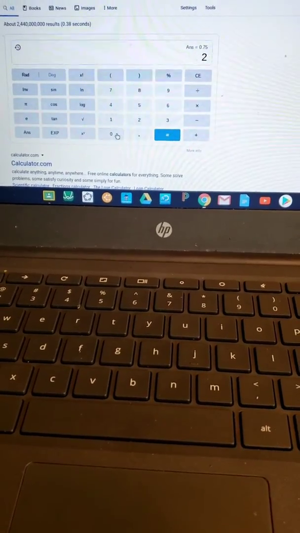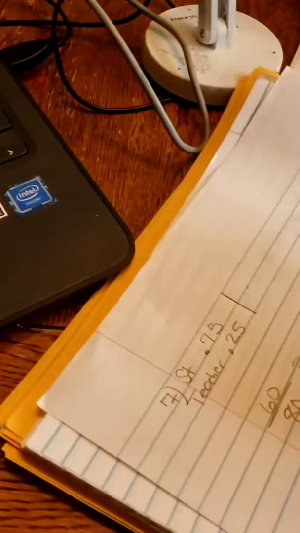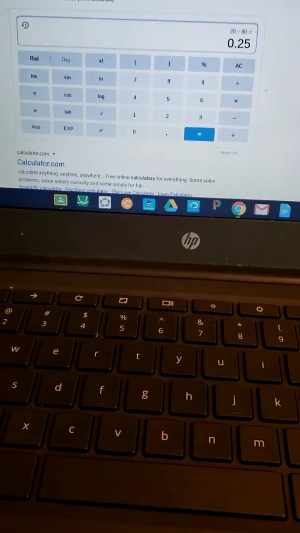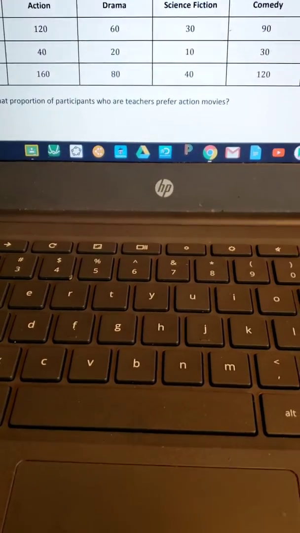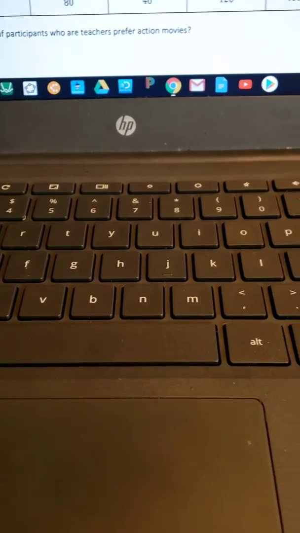And then I'm going to do 20 divided by 80. And I get 0.25, which I already knew I was going to get because remember, again, these are going to have to add up to 1, okay? So like 75 cents plus a quarter, it's $1, all right? And so then for science fiction, all the way across, you're going to get 30 over 40, and then 10 over 40, okay?